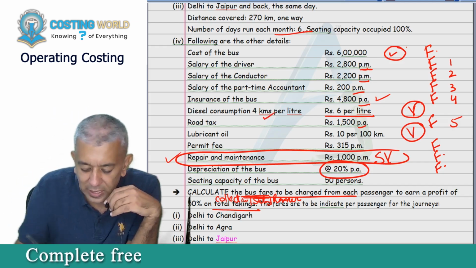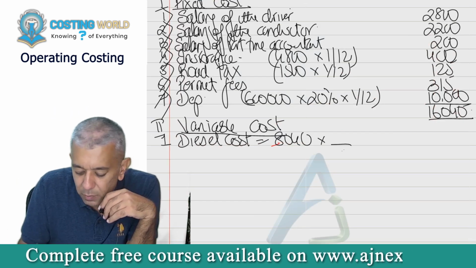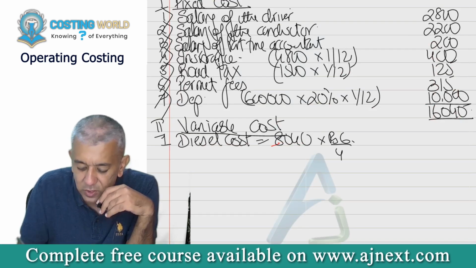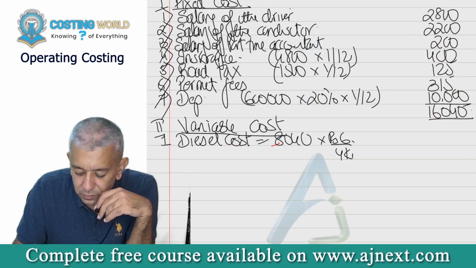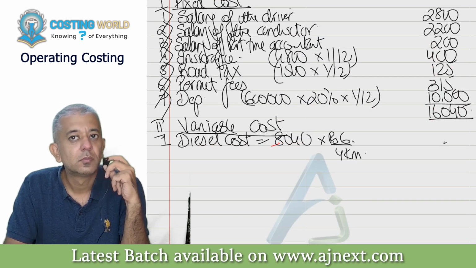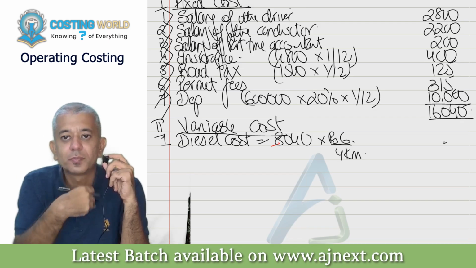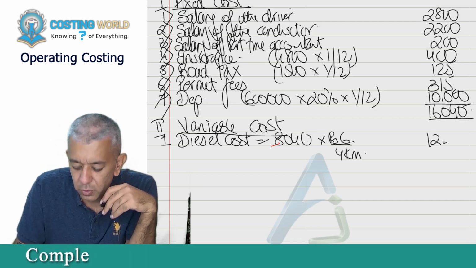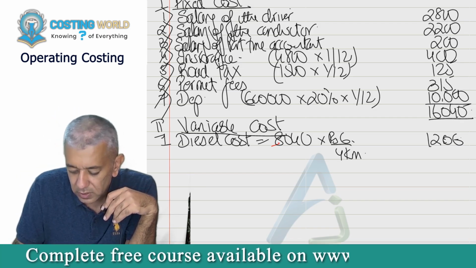So in case we'll be dividing by 4, then we'll get number of liters, and that will cost us 6 per liter. Get this amount, please. 12060.